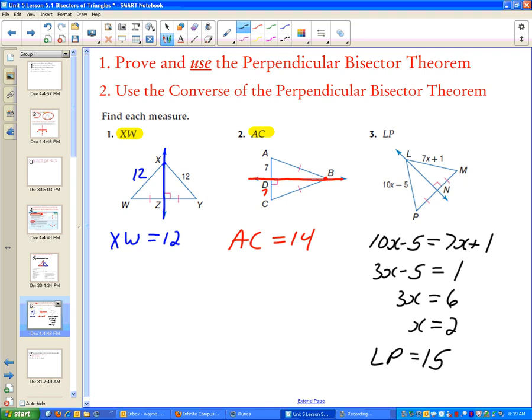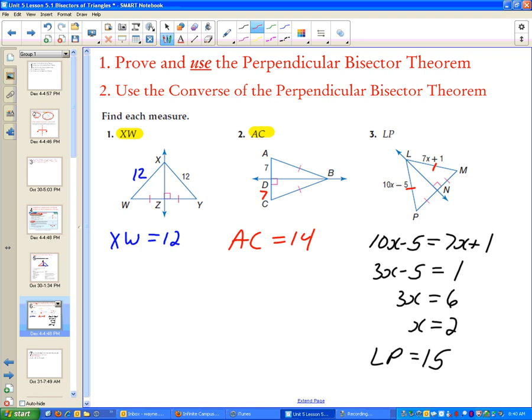All right, now, you've noticed this but I don't know if you've noticed it as much as you need to. What kind of triangle do we have in all three figures? It's actually an isosceles triangle, isn't it?